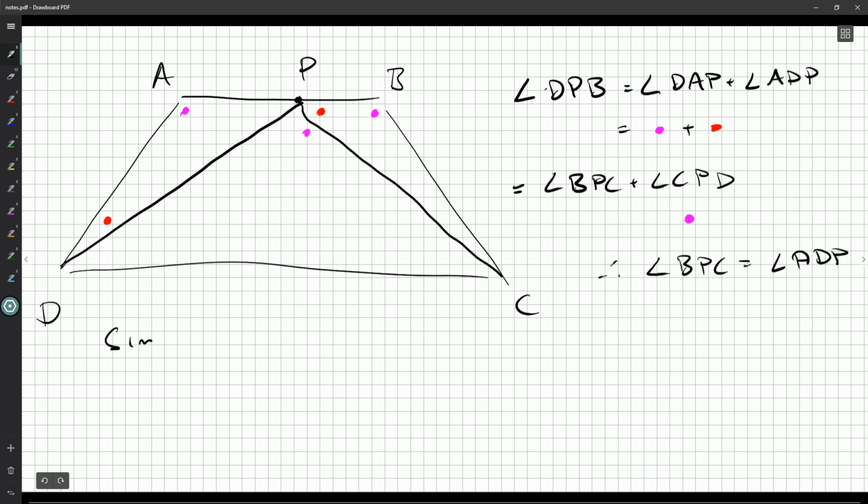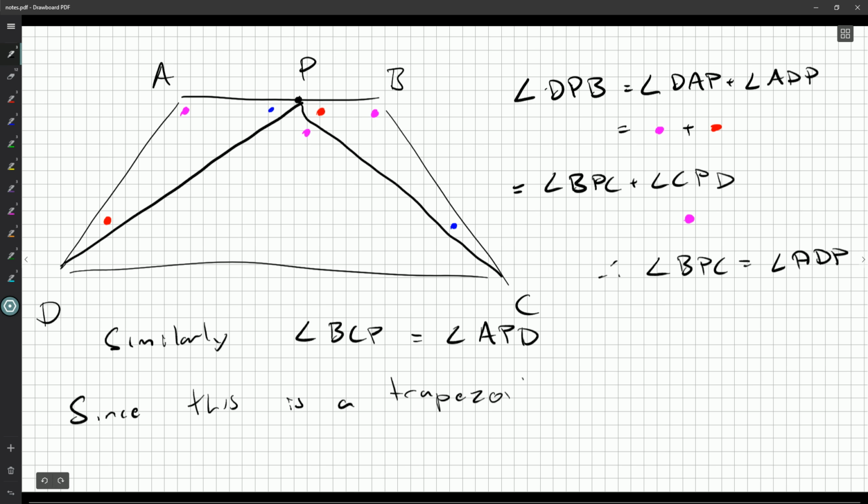Similarly, we can see that angle BCP must be the same as angle APD. So that's these blue dots. Finally, since it's a trapezoid, because we were told the parallel sides, we can see that angle PBC plus angle BCD must be 180.